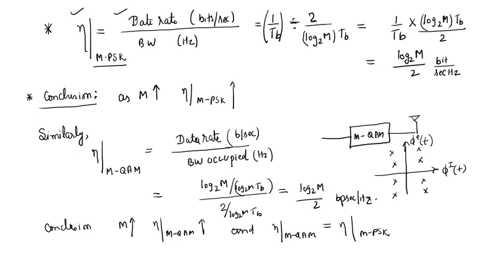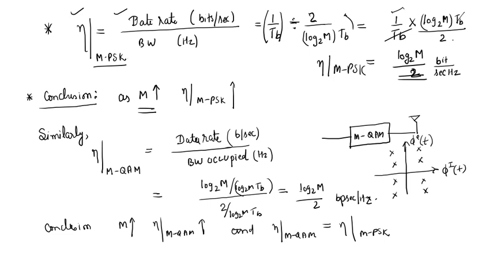If you change this division sign you have to just swap it: log2 M Tb cross 1 upon Tb cross log2 M Tb by 2, and Tb gets cancelled. So bandwidth efficiency of MPSK schemes is log2 M by 2 bits per second per hertz. And what is the conclusion? We see as M increases, the bandwidth efficiency of MPSK scheme increases.